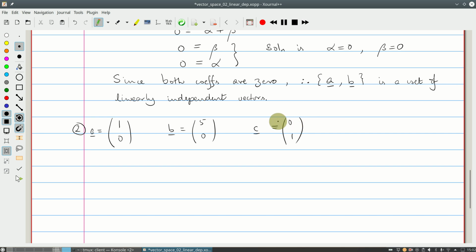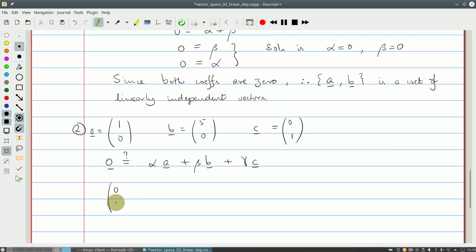Now you can say, okay, you know what the answer is going to be, but let's do it the long way. So our question is, on what conditions do we have on the coefficients alpha, beta and gamma, in alpha A plus beta B plus gamma C, such that this is equal to 0.